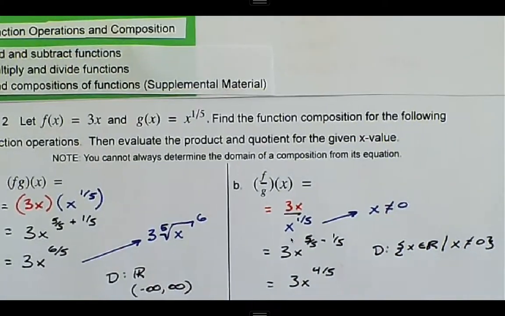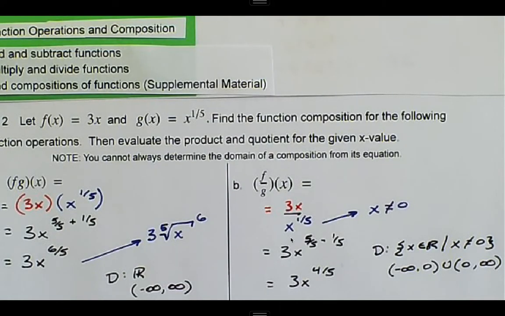Or we can write it in interval notation: negative infinity to 0, where 0 is not included, union 0, where 0 is not included, to infinity.